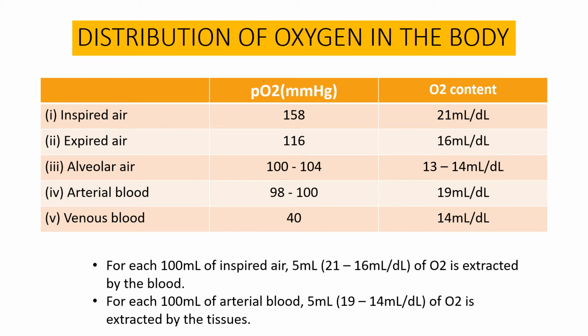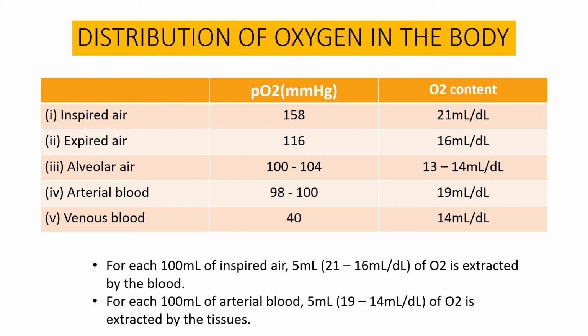Expired air has 116 mmHg of partial pressure of oxygen and the oxygen content is 16 ml per dl. Alveolar air has 100 to 104 mmHg of partial pressure of oxygen and the oxygen content is 13 to 14 ml per dl.